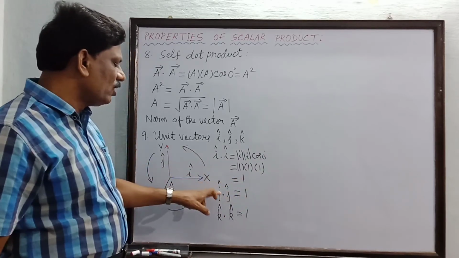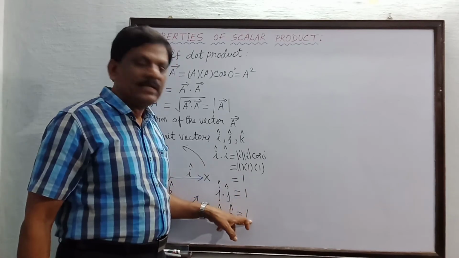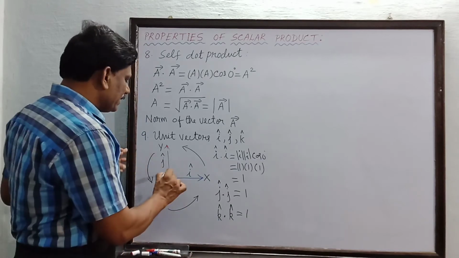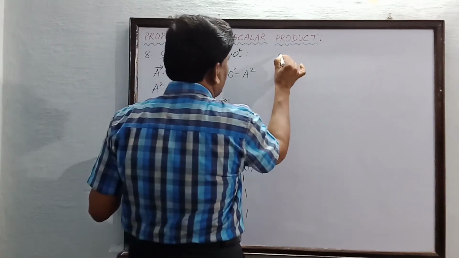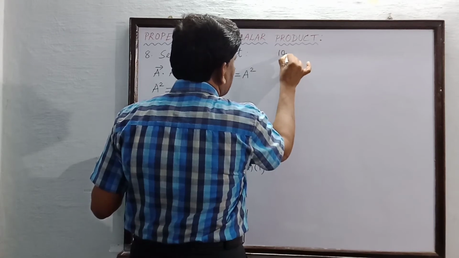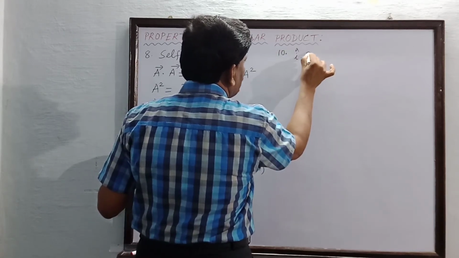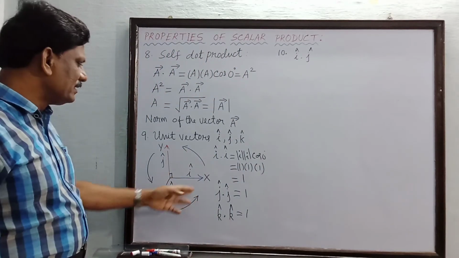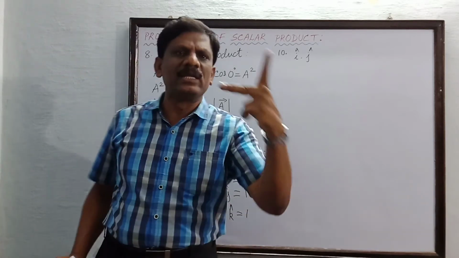So, i dot i is equal to 1, j dot j is equal to 1, and k dot k is also equal to 1. Suppose in the case of orthogonal unit vectors, I will take property number 10. In the same picture, I have drawn already that these three vectors i cap, j cap and k cap are mutually perpendicular to each other.